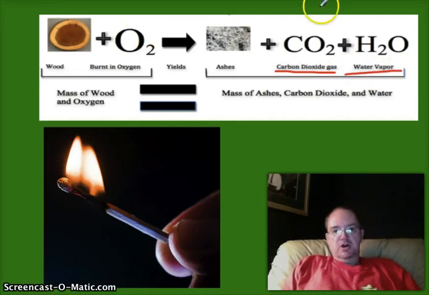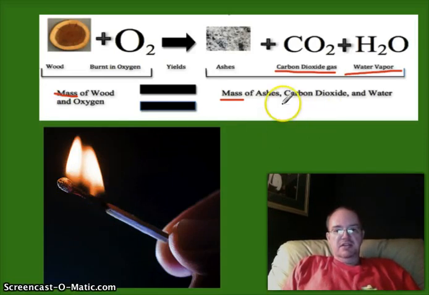So that's where the O ends up coming over here. But what's going to happen is the total mass of the wood and the oxygen is going to equal the total mass of the ashes, carbon dioxide, and water. It looks like you start out with one nice piece of wood with the red tip and end up with something different, a little scrawny piece of wood that's burnt.